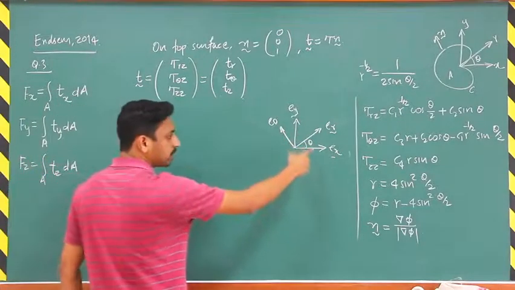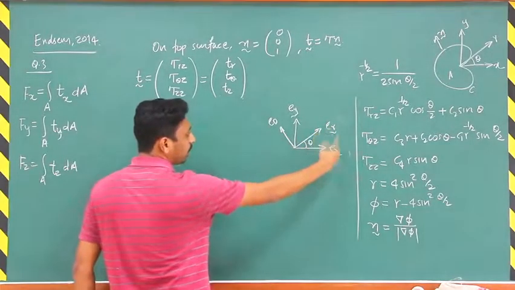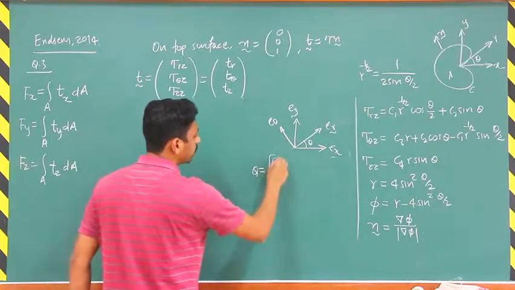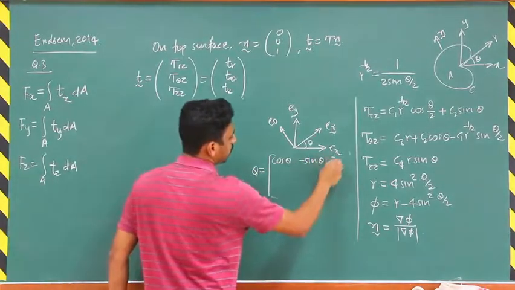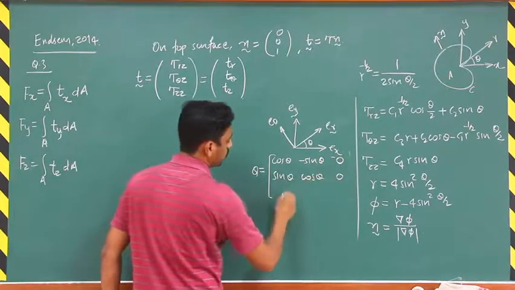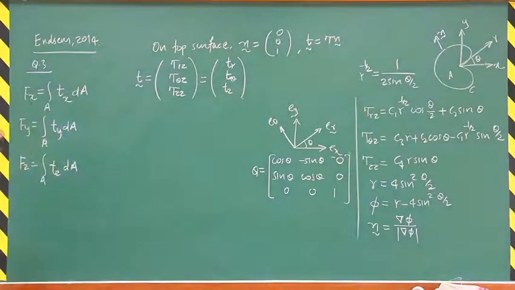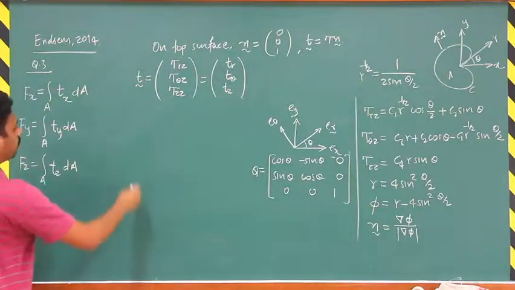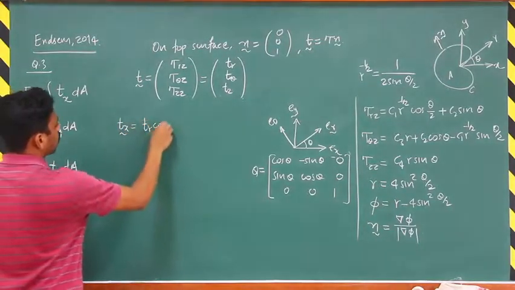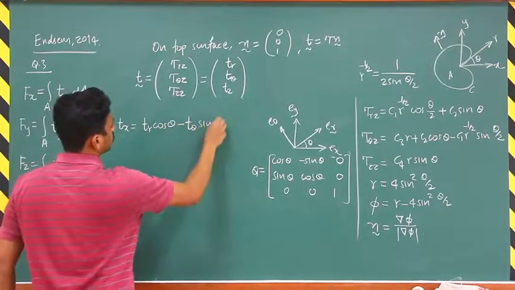So for transforming a vector from the polar or cylindrical coordinate system to the Cartesian coordinate system, we have this transformation matrix, which is given by cos theta, minus sin theta, 0; sin theta, cos theta, 0; 0, 0, 1. So we make use of this transformation matrix and we get Tx would be Tr cos theta minus T theta sin theta.